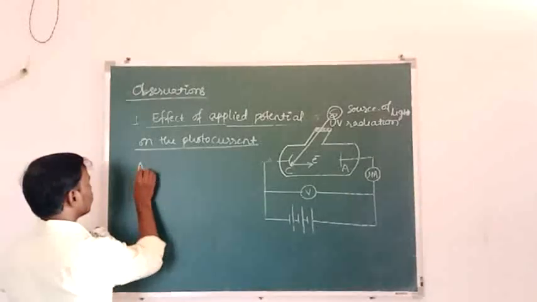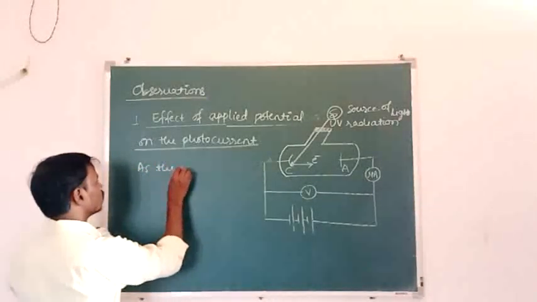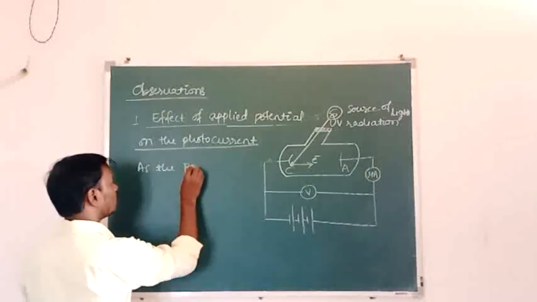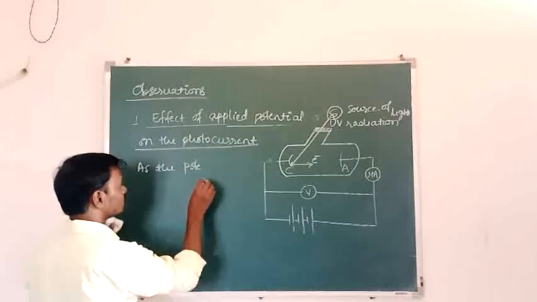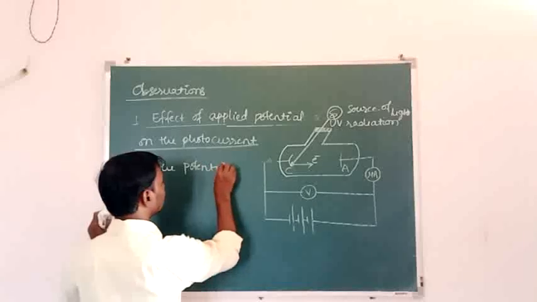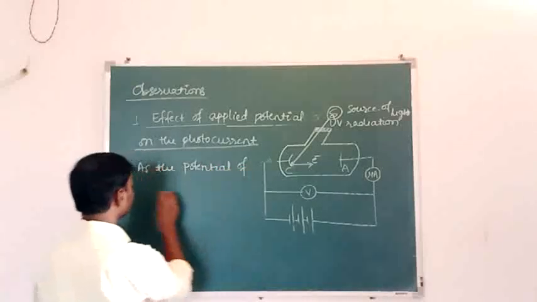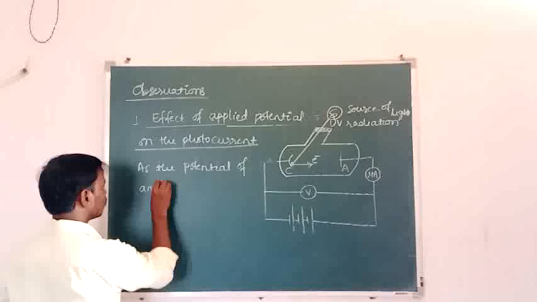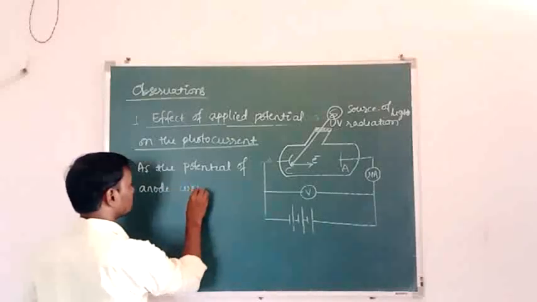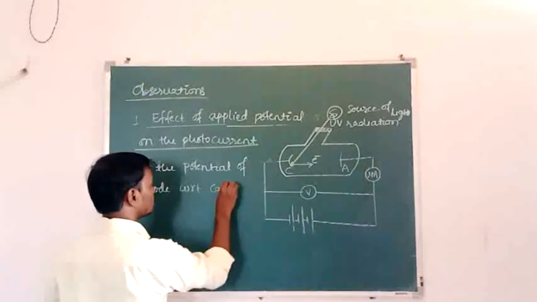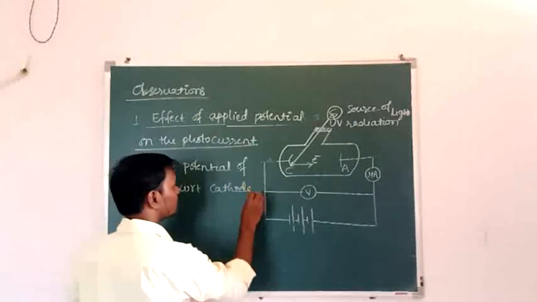So see here, as the potential of anode with respect to cathode increases, here the anode is at which potential?